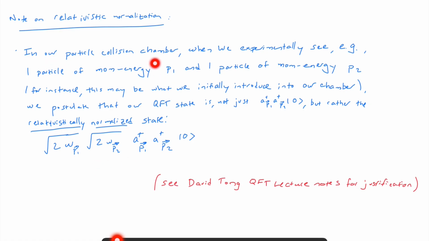In our particle collision chamber, when we experimentally see, for example, one particle of momentum energy P1, and I use the word momentum energy, but P1 is a 4-vector, so the first component is energy and the other 3 are spatial momentum. If we see one particle of momentum P1 and another of momentum P2, this may be what we initially introduced into our chamber.